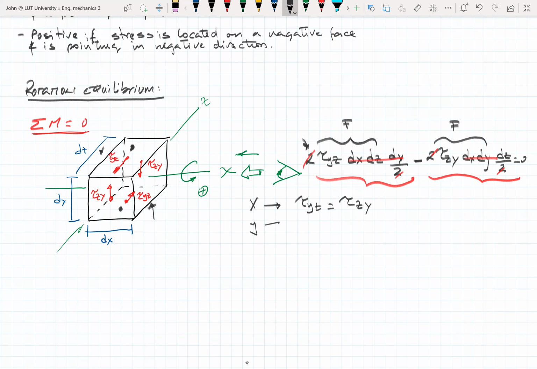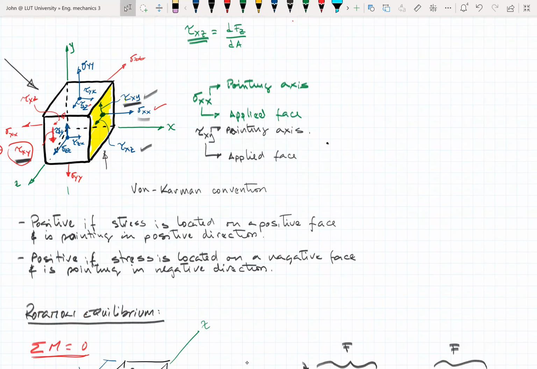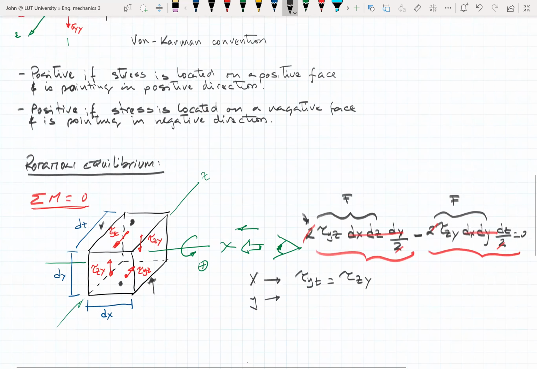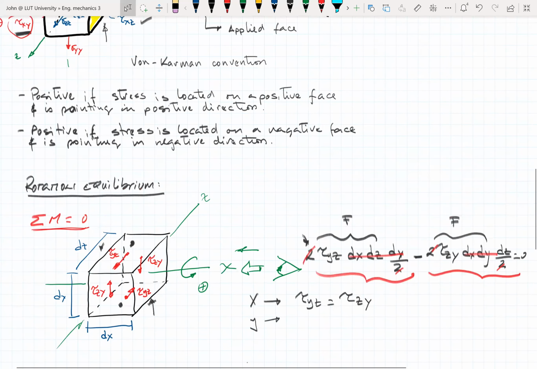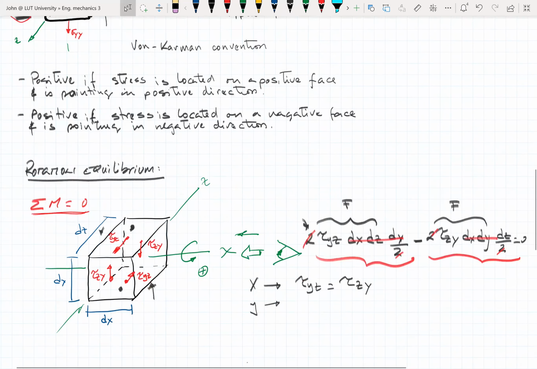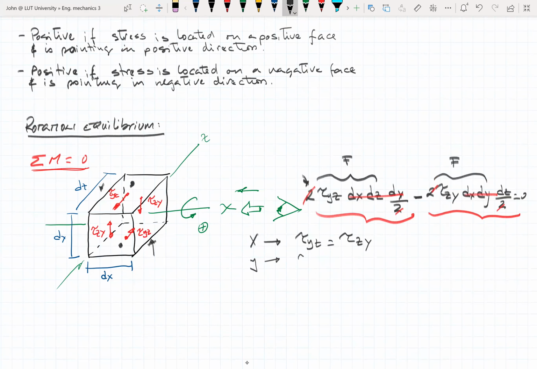In the y-axis, you're going to find that tau xy equals tau yx, and in z, that tau xz equals tau zx.